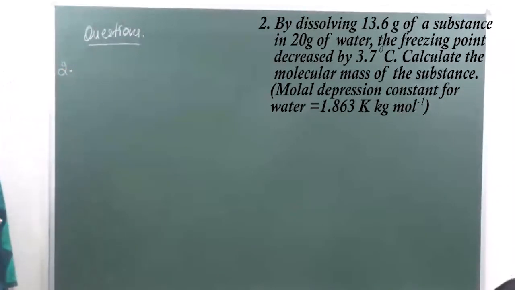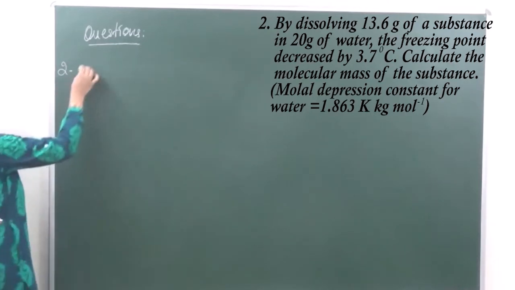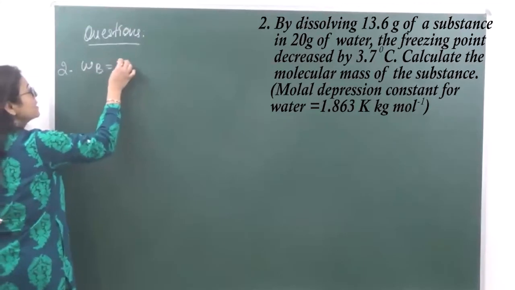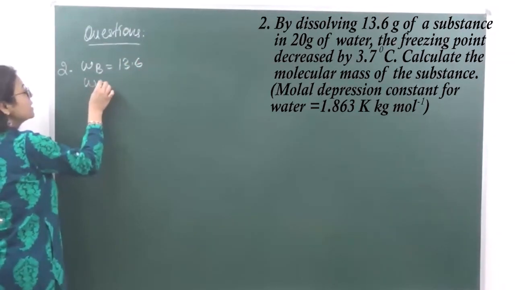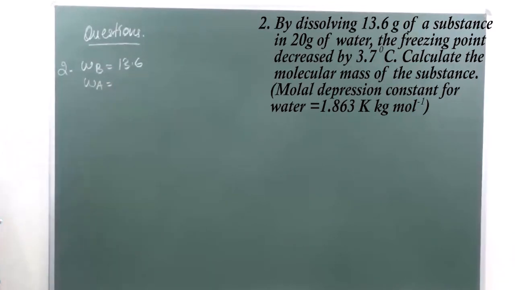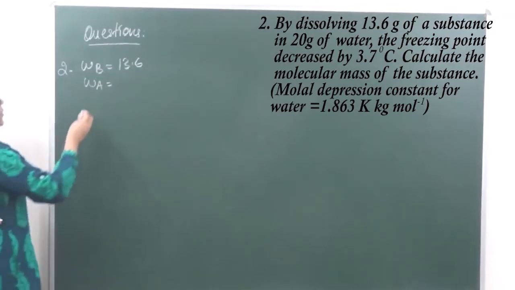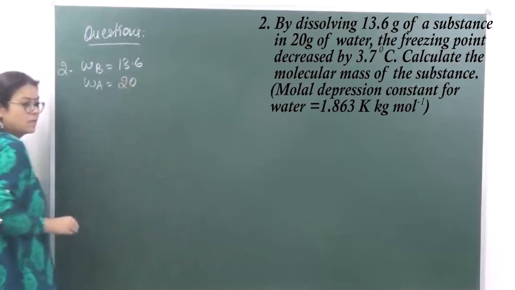Question number 2 is: by dissolving 13.6 grams of a substance in 20 grams of water. So Wb given to us is 13.6 and Wa given to us over here is 20 grams. Right?